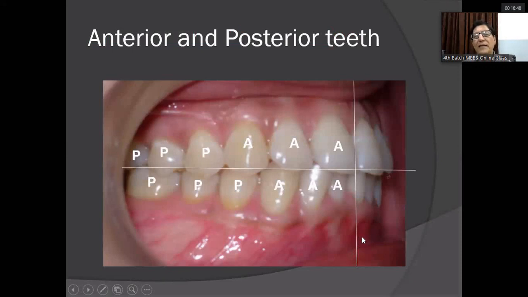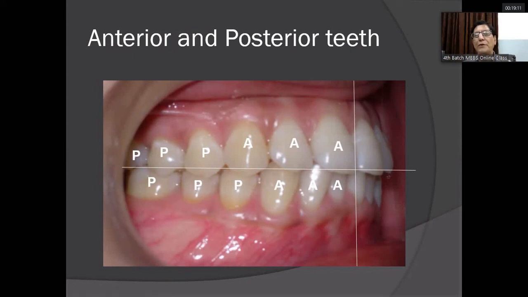Now let me explain a little bit about the anterior teeth and the posterior teeth. All those teeth which are approximated with the lips, right up to the corner of the mouth, are anterior teeth, which include central incisor, lateral incisor, and canines. The remaining teeth are all posterior teeth.